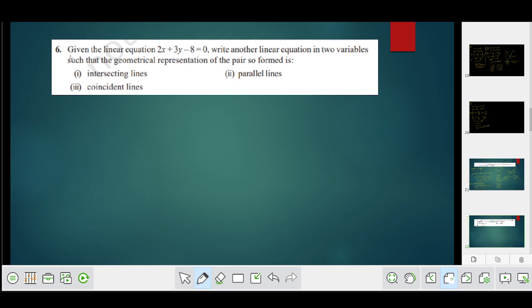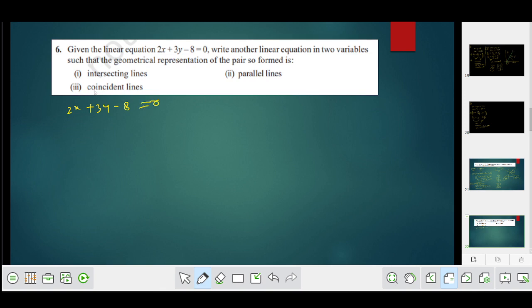Given next one, given the linear equation 2x plus 3y minus 8, write another linear equation in two variables: intersecting lines, parallel lines, coincident lines. Okay. Here first equation is 2x plus 3y minus 8 equal to 0.